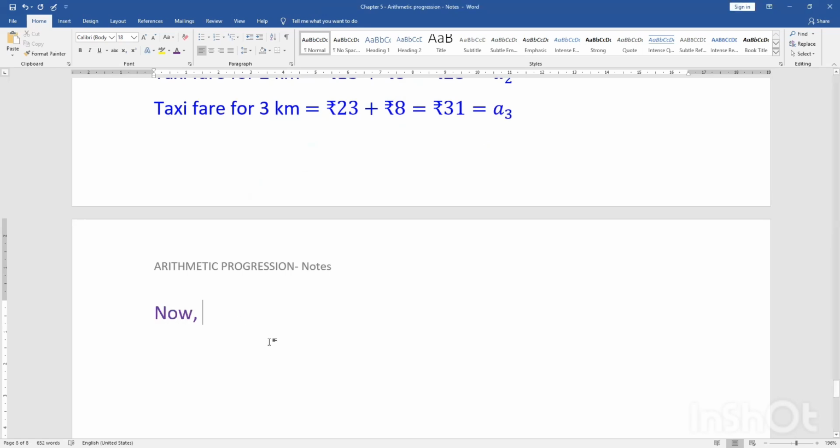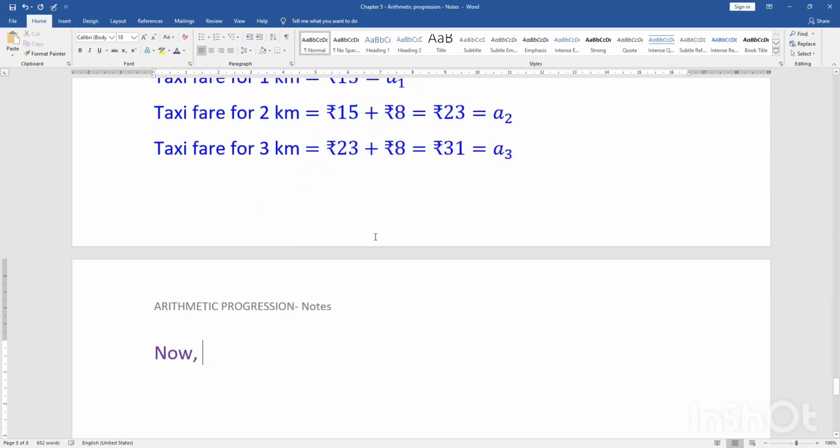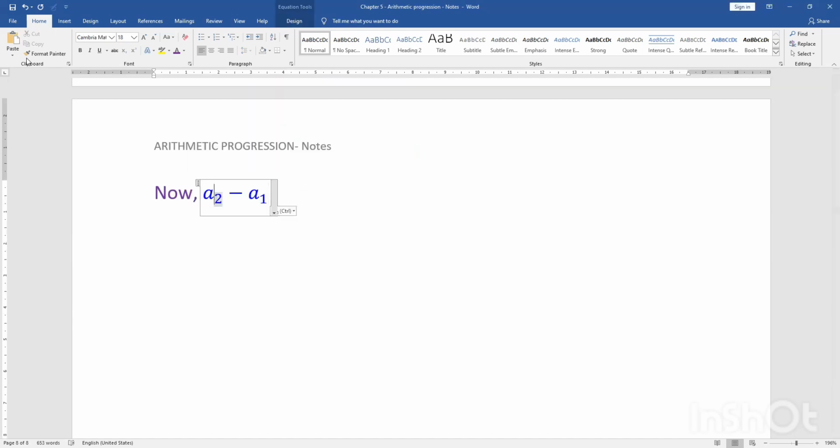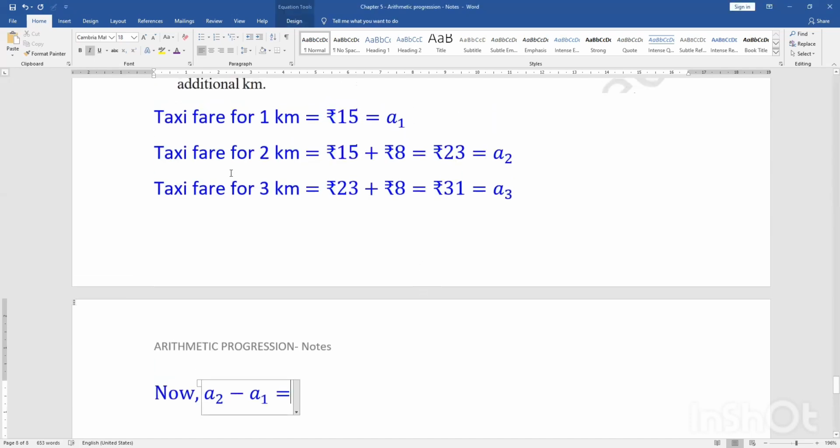See, we write like this. A2 minus A1. How much is A2 minus A1? Here we have A2, which is rupees 23.